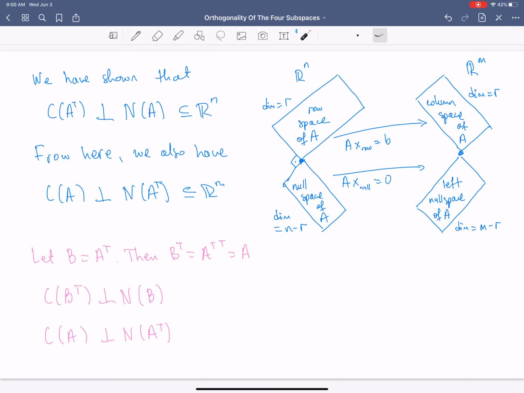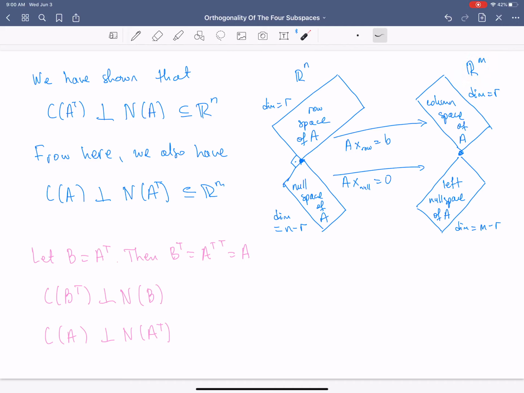If you take a basis for the column space and a basis for the left null space, you're going to have m linearly independent vectors from Rm, and they give us a basis.